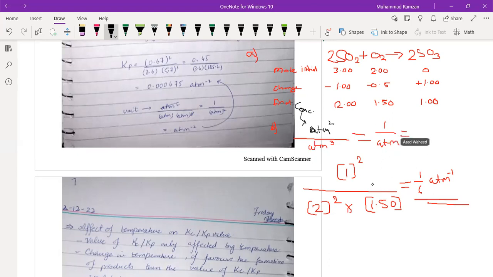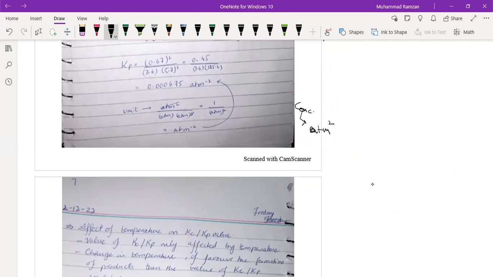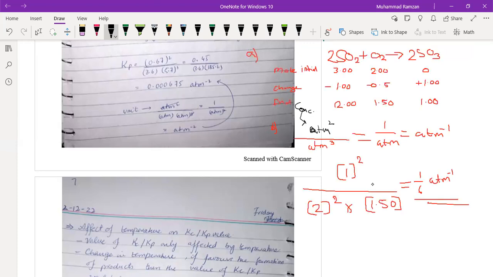Up to this point is correct, but it needs some more.